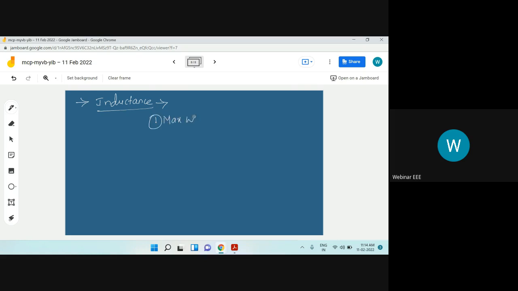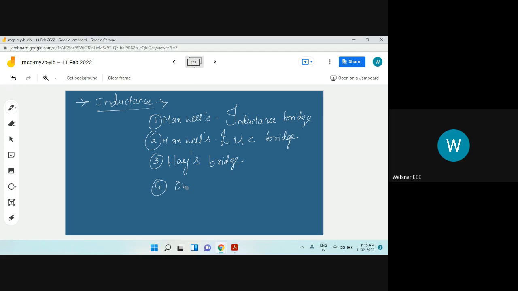The first bridge is Maxwell's inductance bridge, the second is Maxwell's inductance-capacitance bridge, next is Hay's bridge, then Owen's bridge, and the fifth is Anderson's bridge. These are the five types of bridges used to measure inductance. The most accurate bridge is Anderson's bridge.